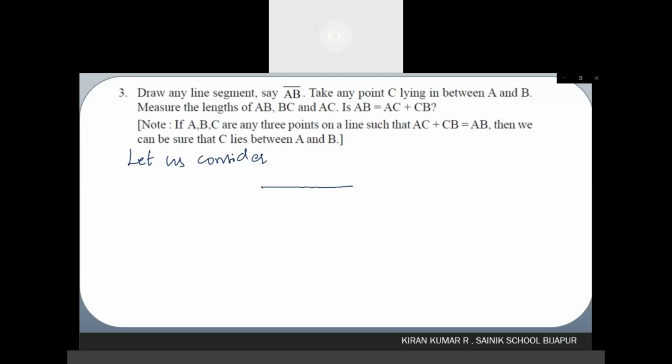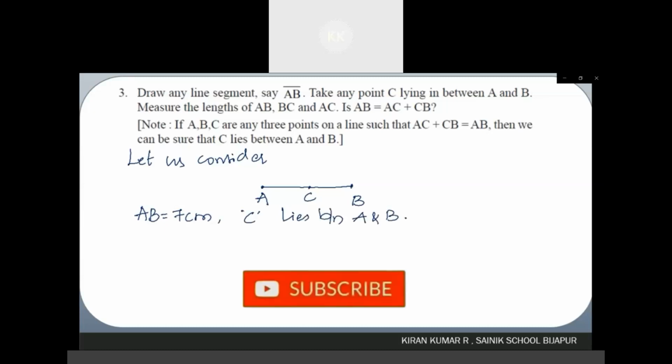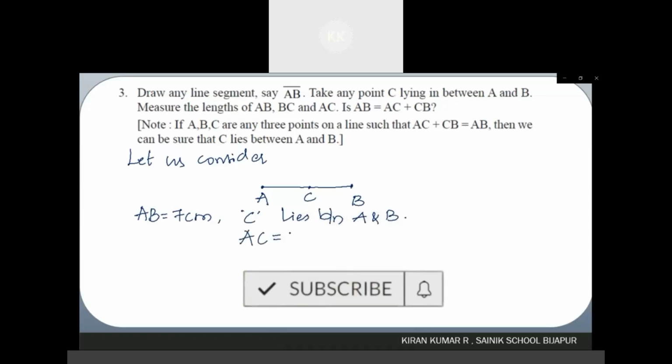Let me name this point A, this point B. Let me take a point C somewhere between A and B, and let me take the line segment AB equal to 7 centimeters. C lies between A and B. Here AC, if you measure, we get some length.